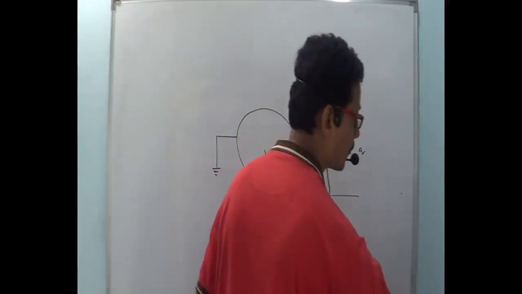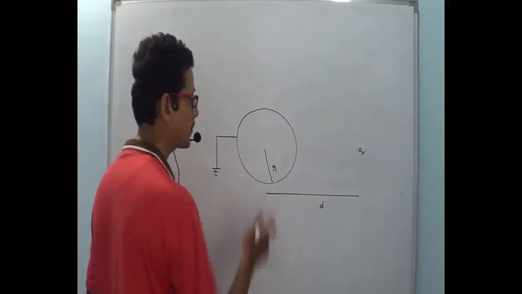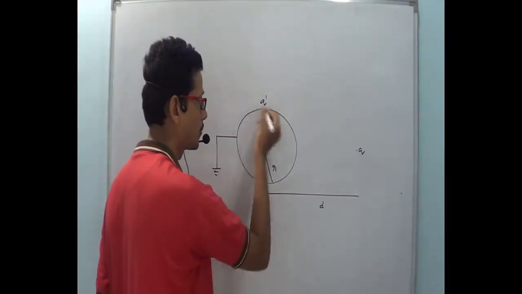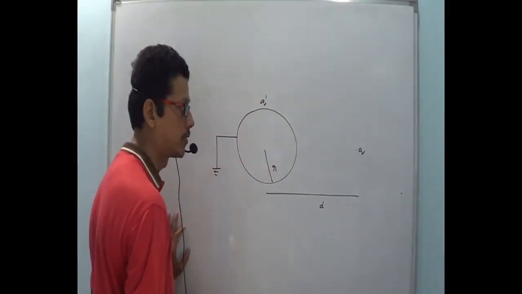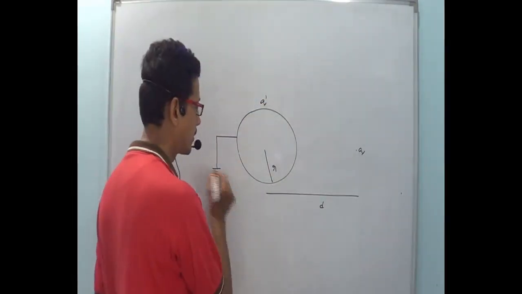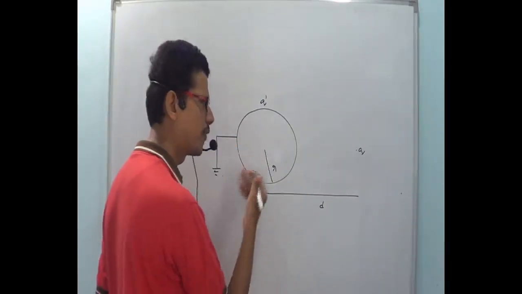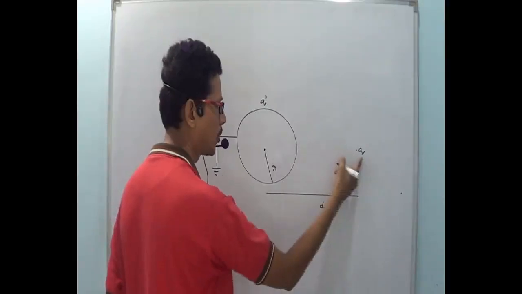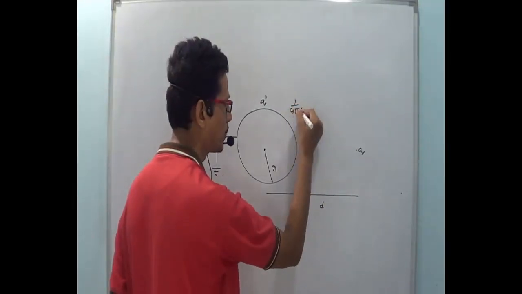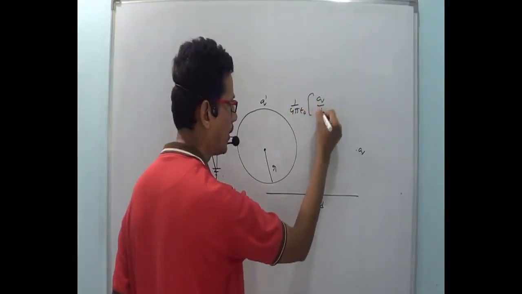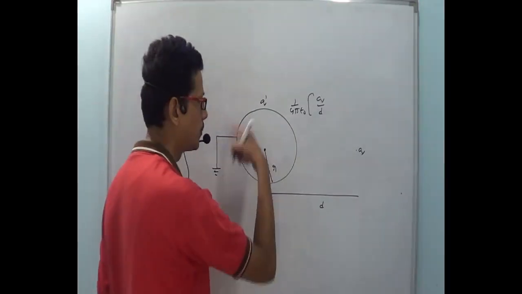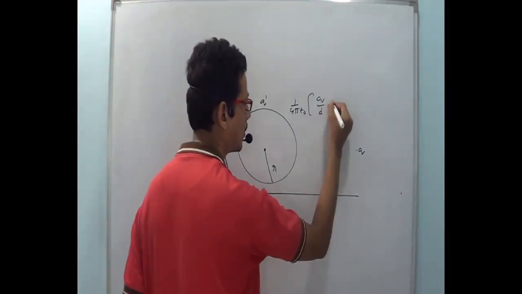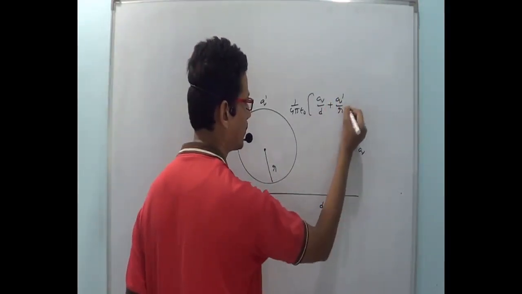What is the charge that has come from the earth to the sphere? Let the charge that comes from the earth to the sphere be Q dash. Now as this is earthed, the potential of this should be 0 everywhere, at the center also. So what is the potential here because of this charge? 1 by 4 pi epsilon naught Q by D, right? And what is because of this charge? Plus Q dash by R.